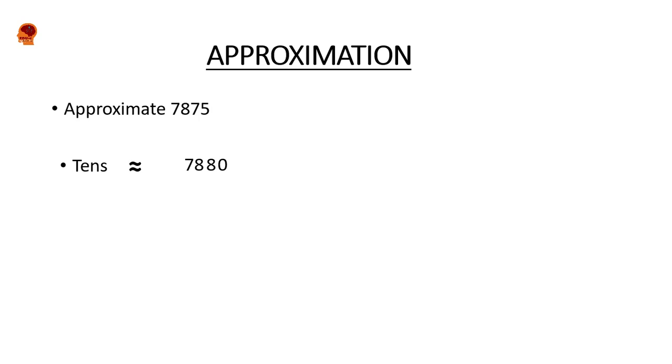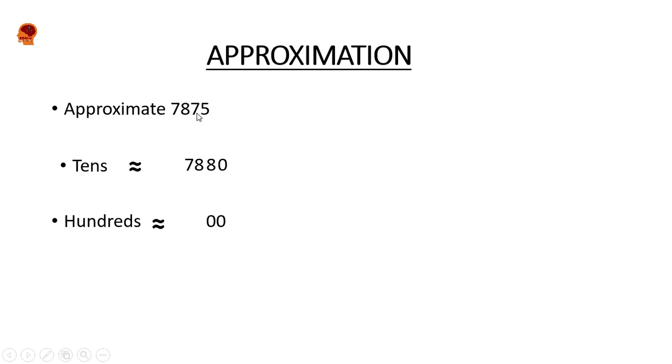Now let's see what will happen when we approximate that number into the nearest hundreds. Remember that we do not need the 5 because 5 is on the place value of ones, the unit value, so it turns 0.